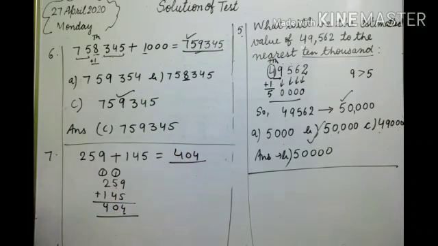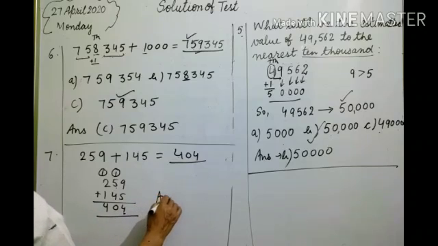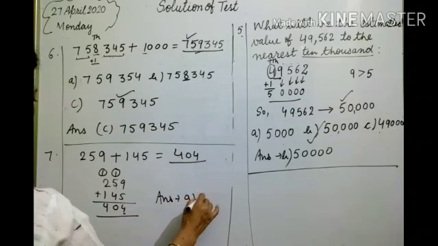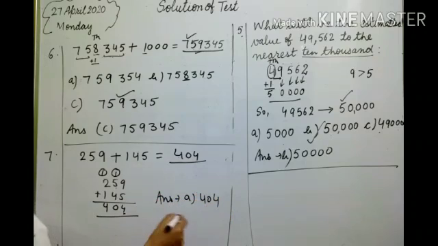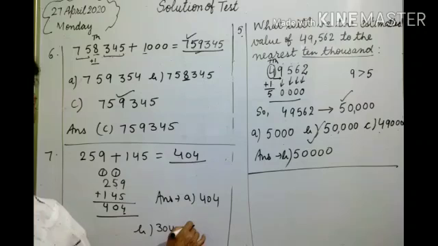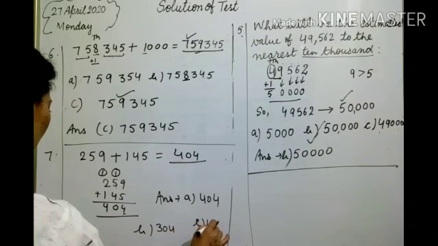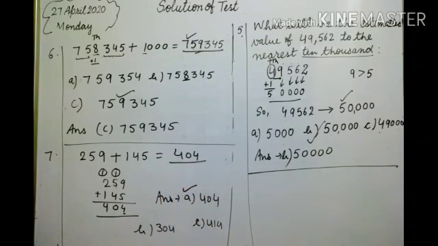Now which option is it matching? Option A, 404, and other options are 304 and C option is 414. So option A is right.